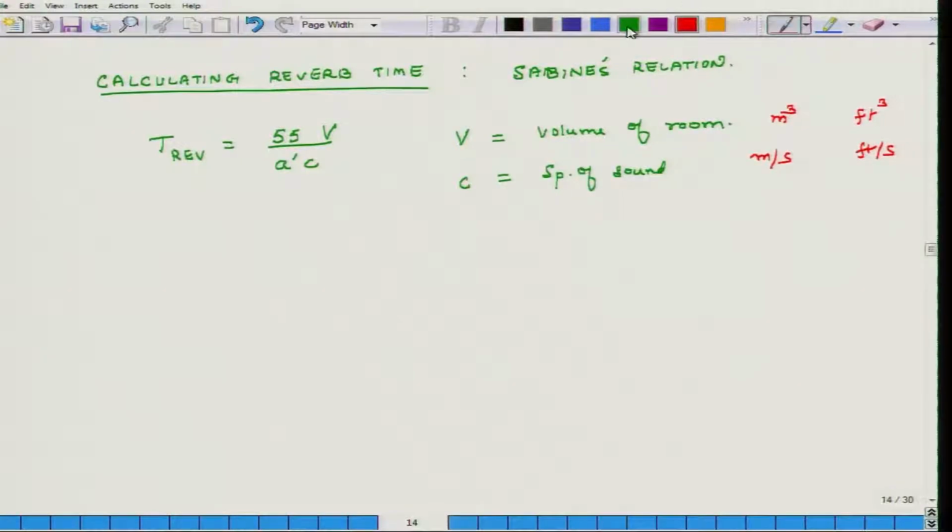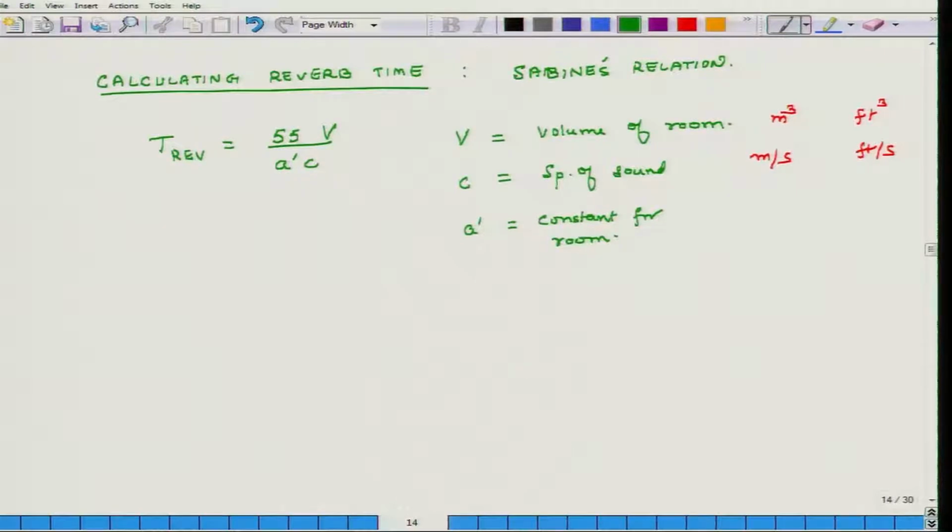And the third thing is A prime, and this is a constant for the room. Okay.